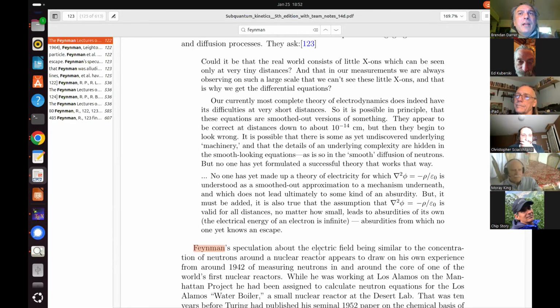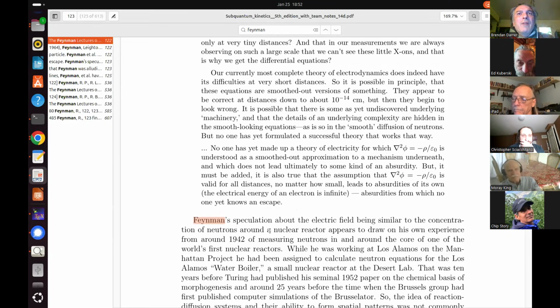Feynman's speculation about the electric field being similar to the concentration of neutrons around a nuclear reactor appears to draw from his own experience from around 1942 of measuring neutrons in and around the core of one of the world's first nuclear reactors.